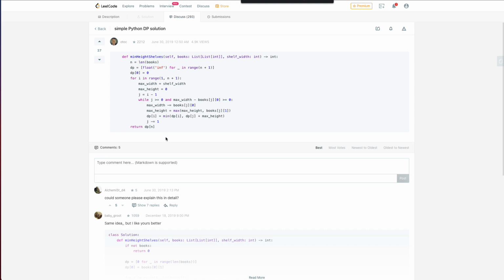While j is greater than or equal to 0 and max with minus books. Okay.